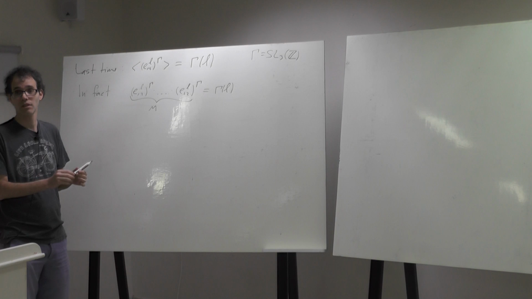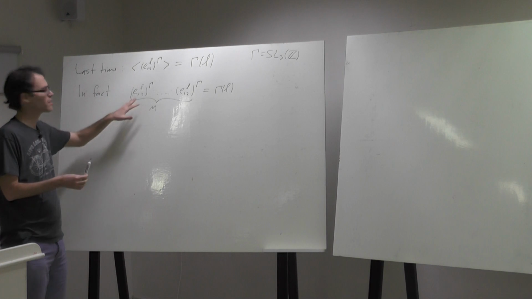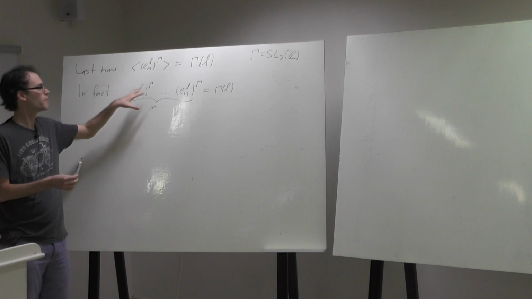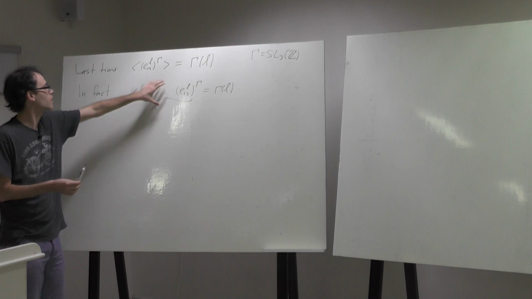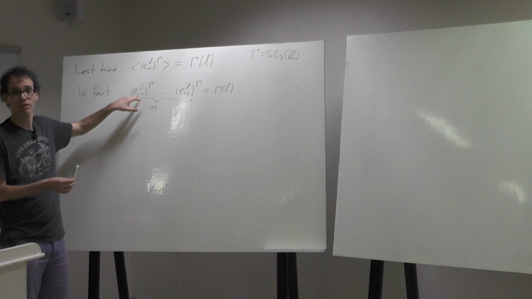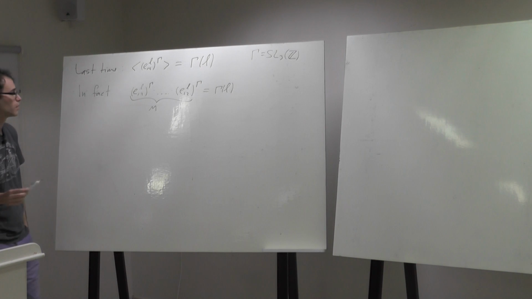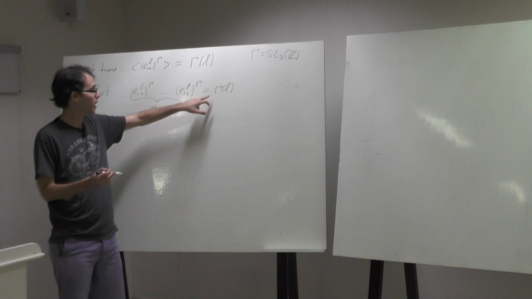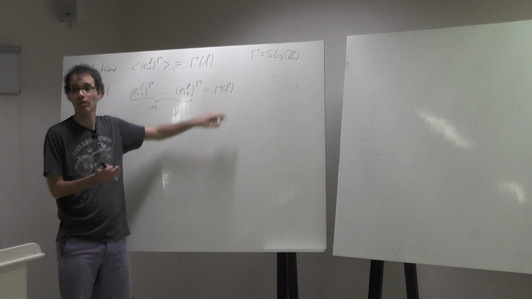But this is not really a problem. After finitely many conjugations, maybe 2 even, you can get all powers. That's not the issue. The issue is to get to work with powers and to get the congruence subgroup.